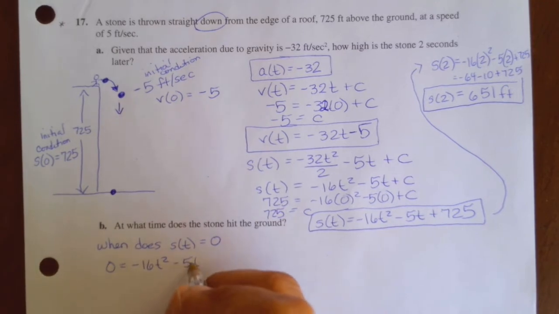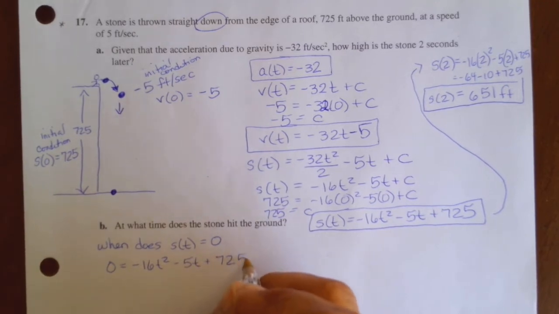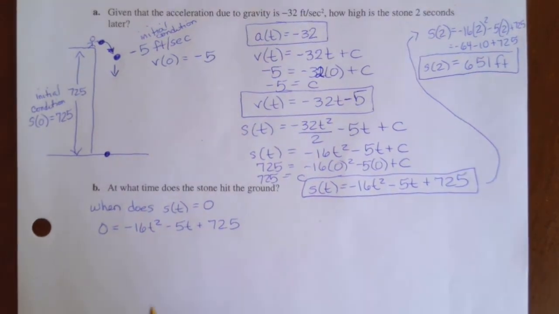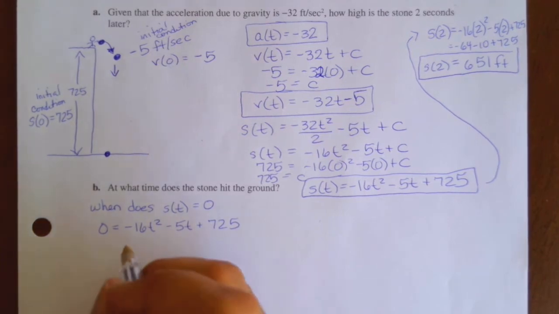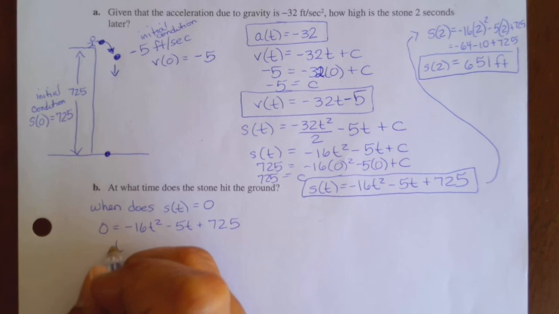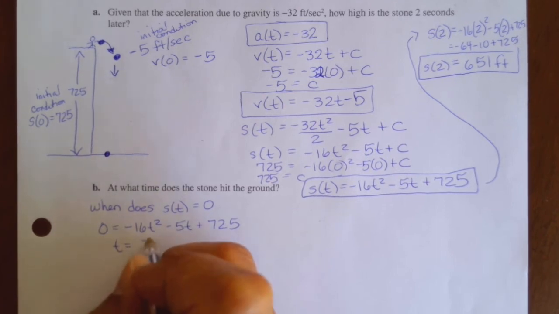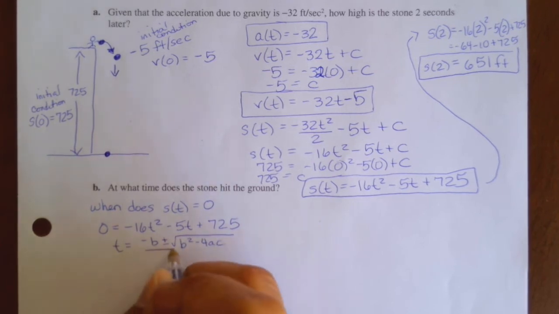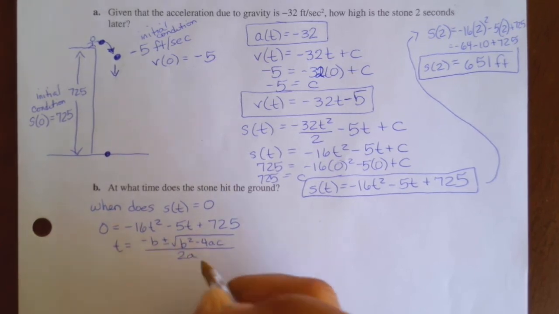That's -16t squared minus 5t plus 725 equals 0. I can't factor that, so I'm going to use the quadratic formula. Not x equals, but t equals negative b plus or minus the square root of b squared minus 4ac, all over 2a.